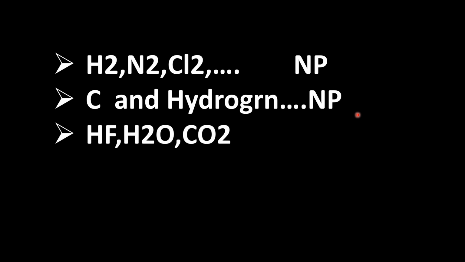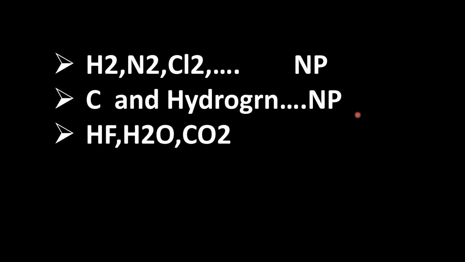If the molecule consists of different elements, like hydrogen fluoride, where one is more electronegative compared to the hydrogen atom, like the water molecule, such a molecule will be polar, because the electron cloud is more towards the electronegative side as compared to the partially positive side.